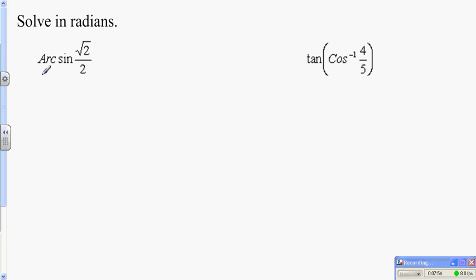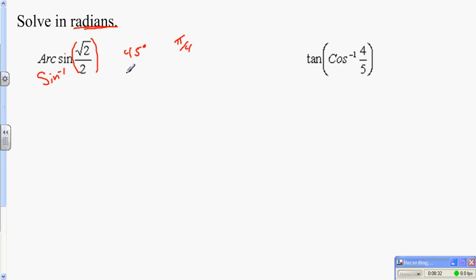Arc sine represents the same thing as capital S inverse. It means the same thing. So let's take the arc sine of root 2 over 2. Sine inverse of what gives you root 2 over 2? They want radians, so let's keep that in mind. Root 2 over 2 for sine is 45 degrees, but it's radians they want, so pi over 4.